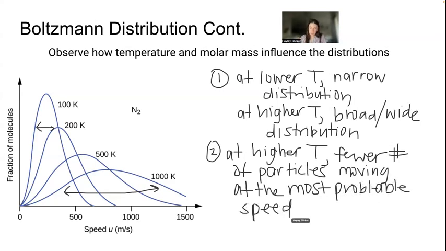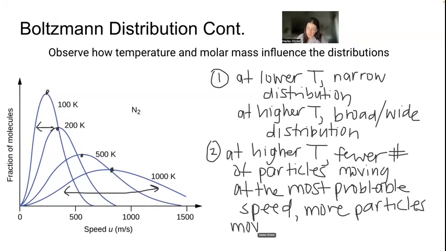Again, as a reminder, the most probable speed is our peak. Our different peaks are right here, and those are our most probable speeds. At a higher temperature, we have fewer particles moving at the most probable speed, but we have more particles moving really fast.